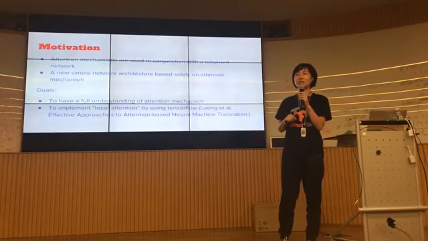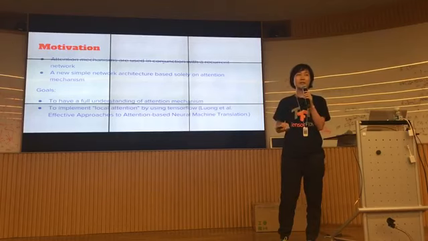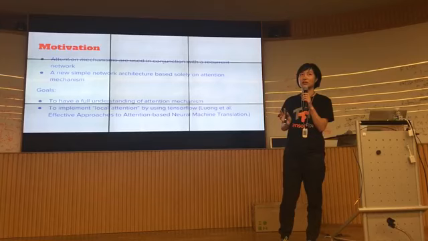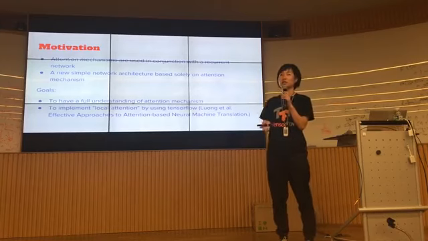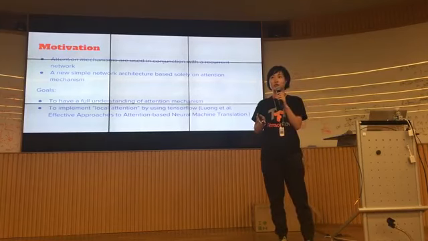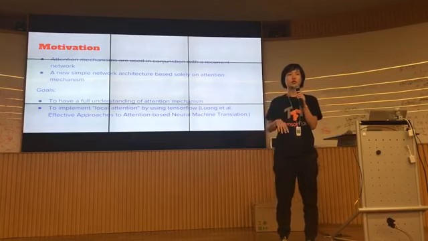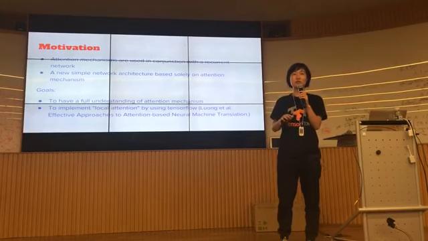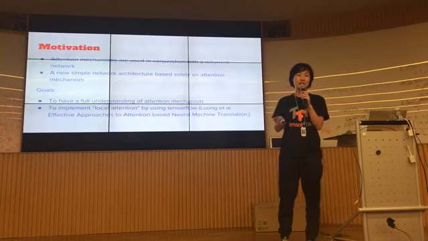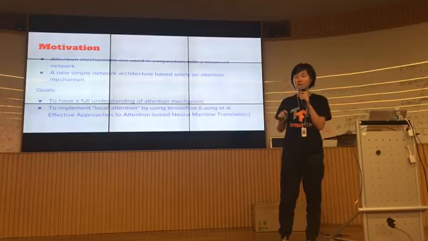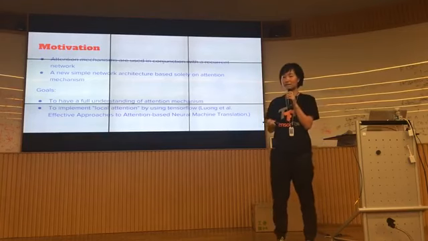Recently, there's another paper named "Attention is All You Need," which proposed a new simple network architecture that solely depends on the attention mechanism, dispensing with convolutions and recurrence entirely. The performance is also improved. So the attention mechanism is very useful.